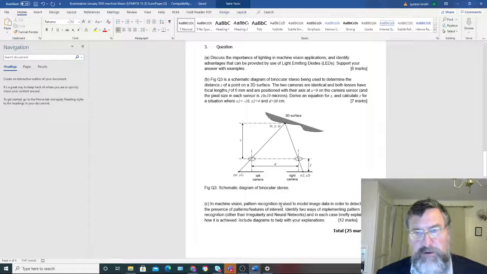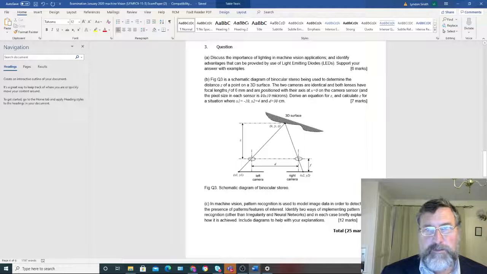The thing to look out for here is units, because some of them are given in centimeters, some in millimeters, such as the focal length of the camera, and then the positions of where these points appear are in microns. You've got to bear in mind that each pixel has a side length of 10 microns. So you need to make sure that all these units are correct.